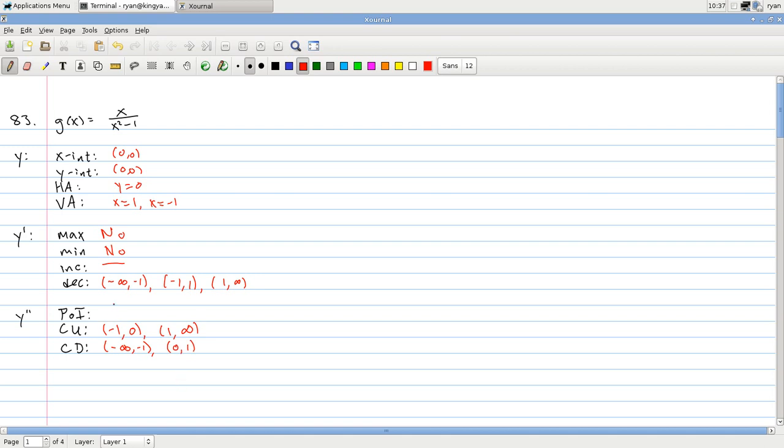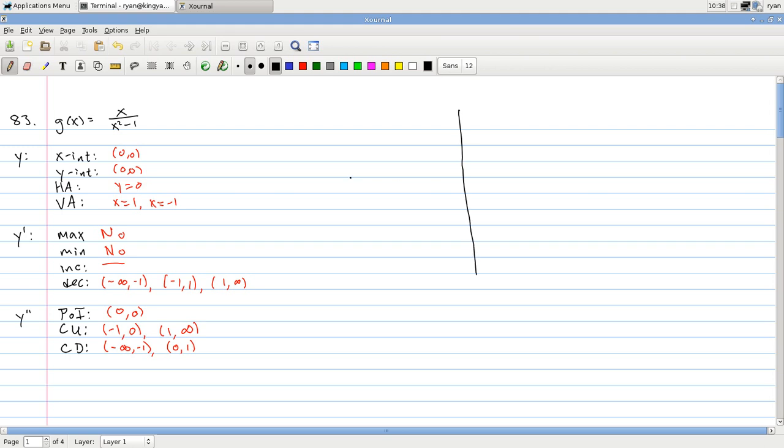Now our only point of inflection in here, it looks like it changed concavity at x equals -1, but that was a vertical asymptote. It changed concavity again at x equals 0, so that actually is a point of inflection at 0, 0. At x equals 1, it changed concavity again, but that was a vertical asymptote. So we have enough information for a graph.